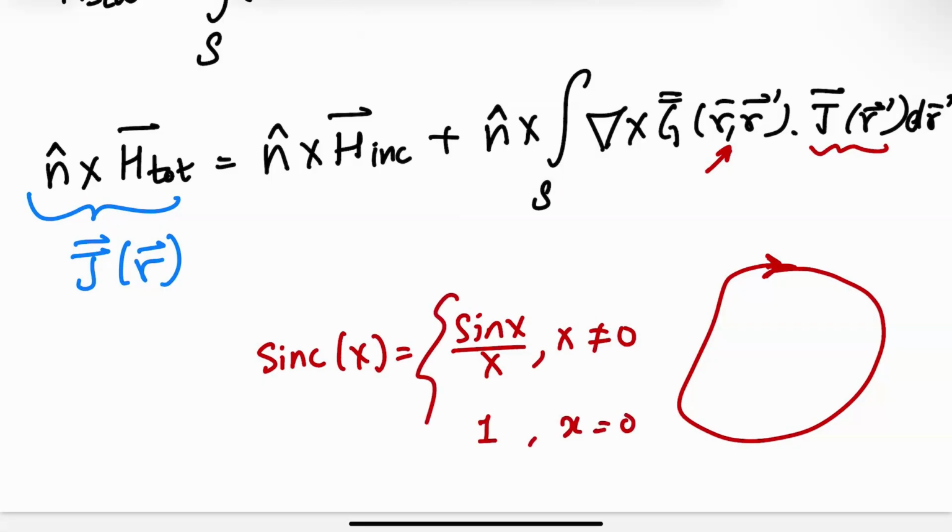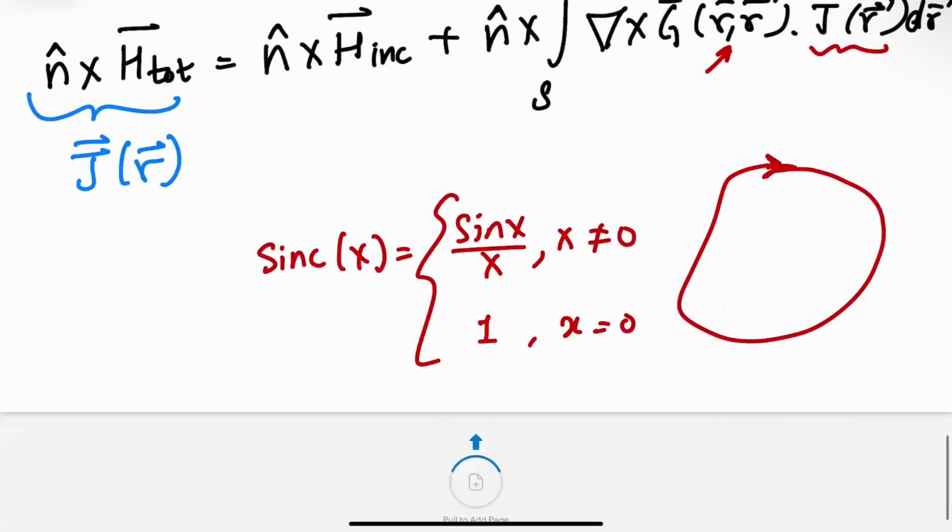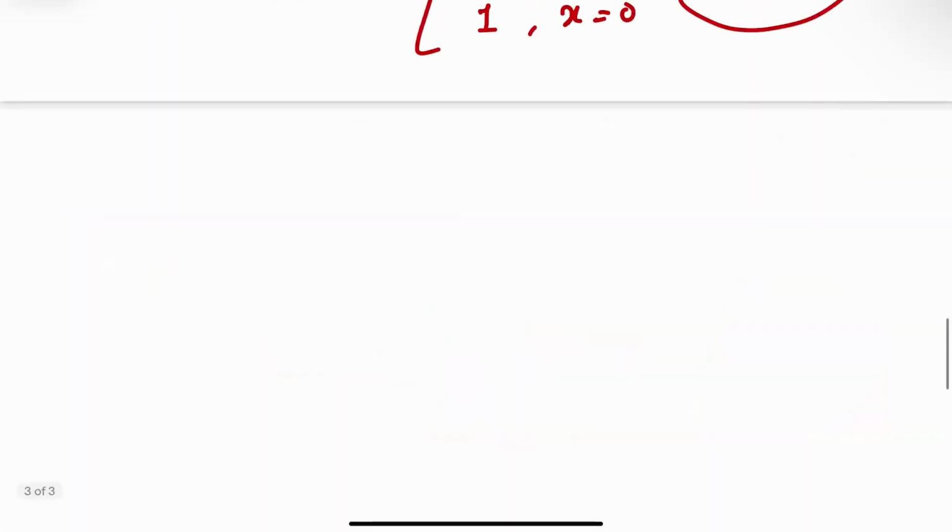So by redefining the function, we can remove the singularity. Similarly, we'll do something like that, where when the singularity exists, we'll evaluate it separately. And when you don't have singularity, you evaluate it using your regular Green's function. Okay, so let's do that. So what we want to look at now is removing the singularity.